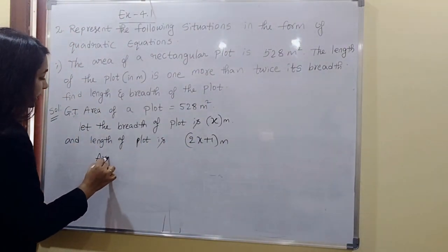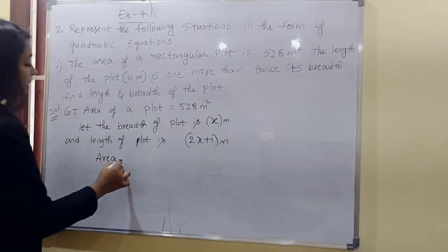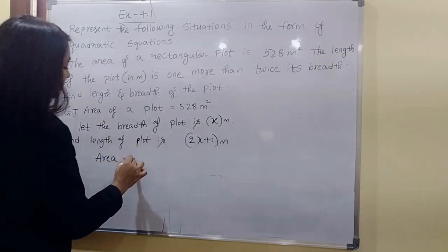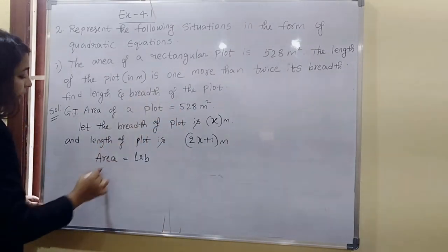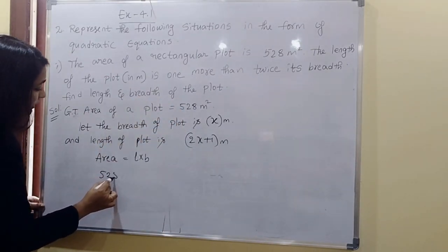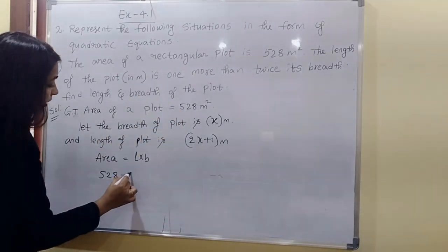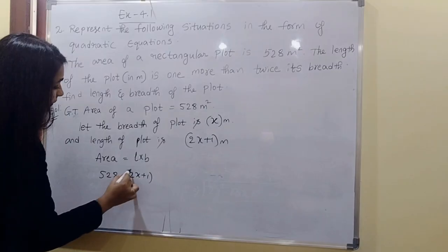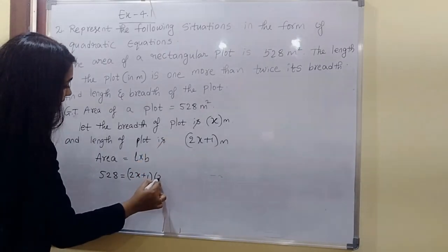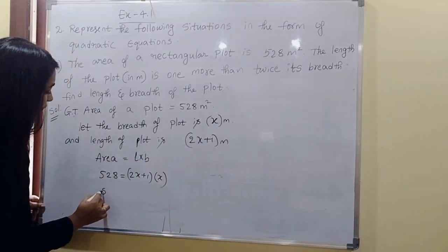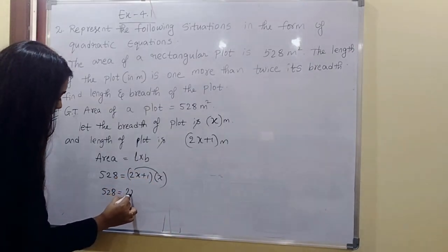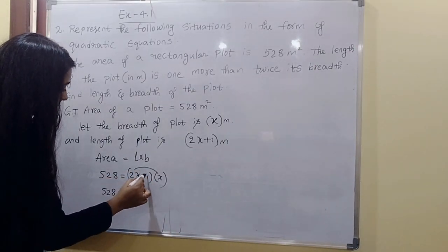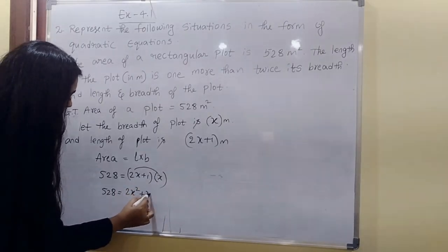So what is the formula for the area of a rectangle? Length into breadth. So the area of the rectangular plot is given, right? 528 is equal to, what is the length? 2x plus 1 multiplied by, what is the breadth? x. So you simplify it: 528 is equal to 2x into x, 2x square, and plus 1 into x, x.